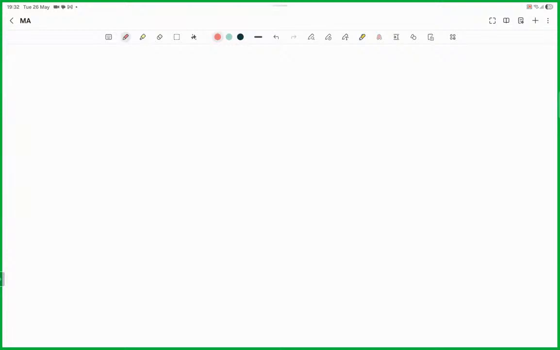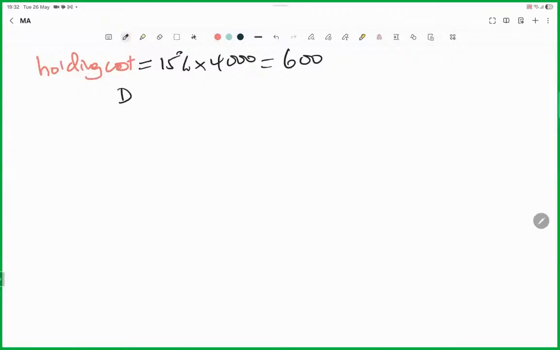So shall Mwalimu do this question from the very beginning? All right. You see, we start with the holding costs. Holding costs we already have as 15%, so 15% of 4,000 gave you 600. And then the annual demand is 480.